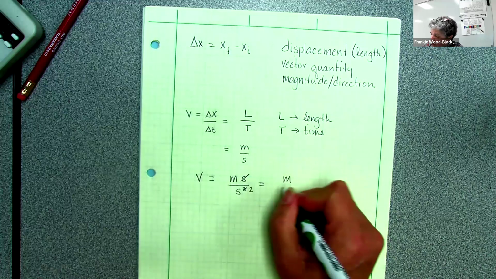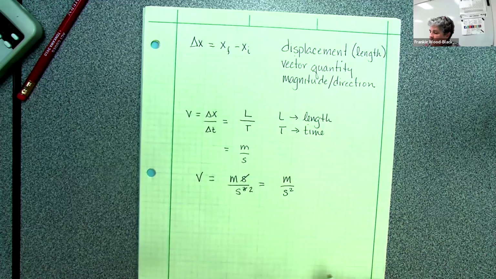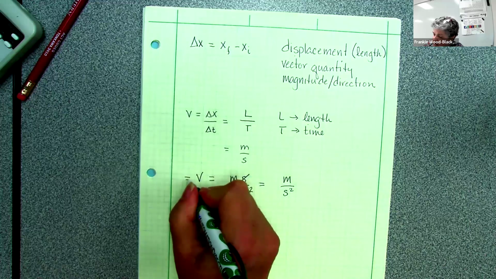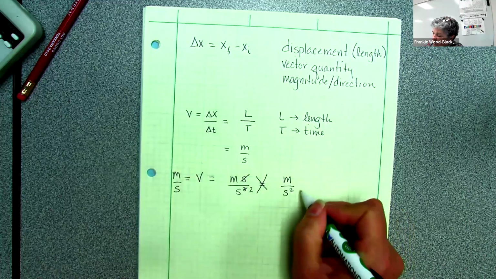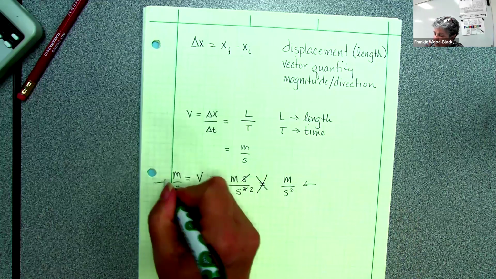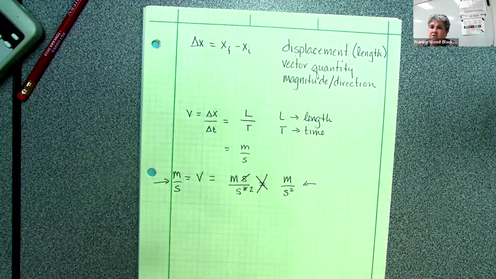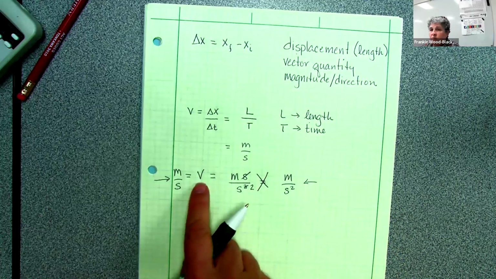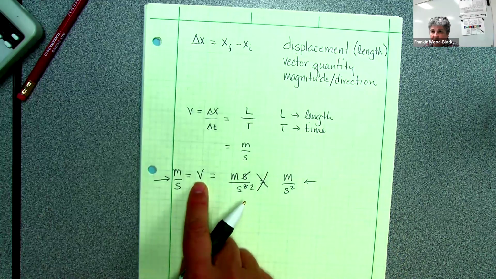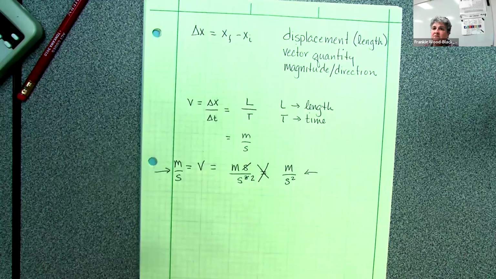And I've got meters per second squared. Well, we know this velocity should be in meters per second. That's not correct because those units don't match. So when we talk about dimensional analysis, what we're doing is looking at our equations to find out, do the units make sense?